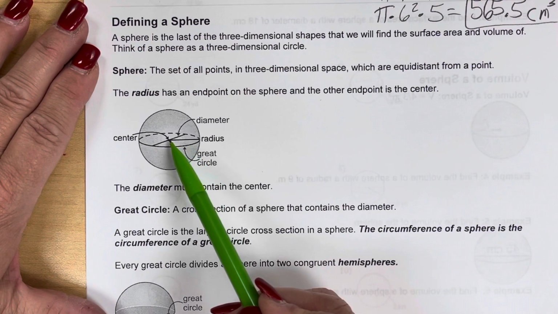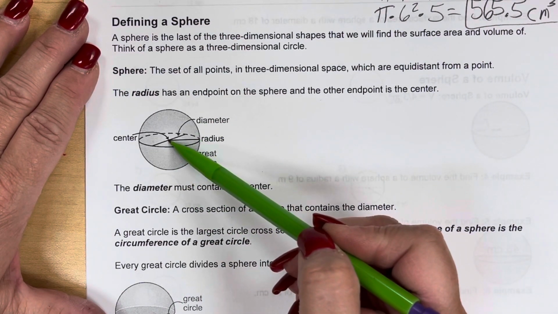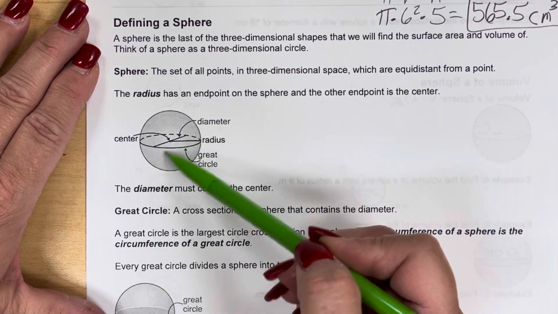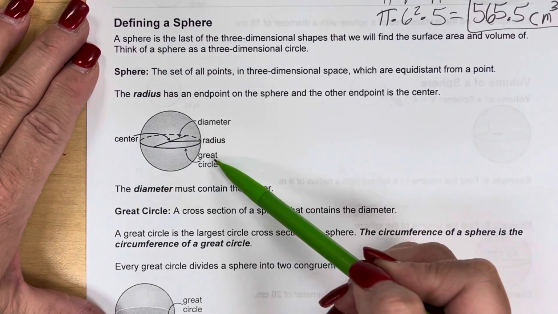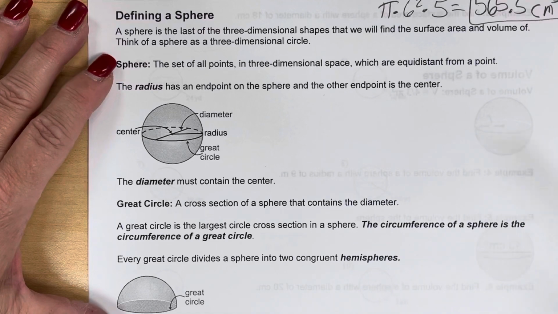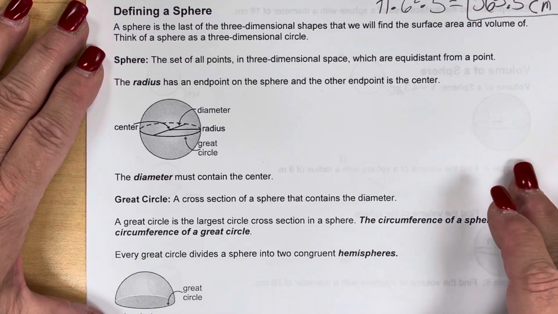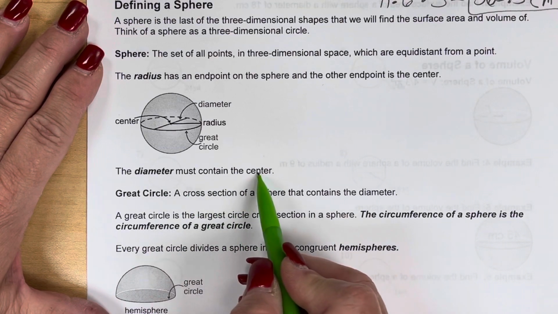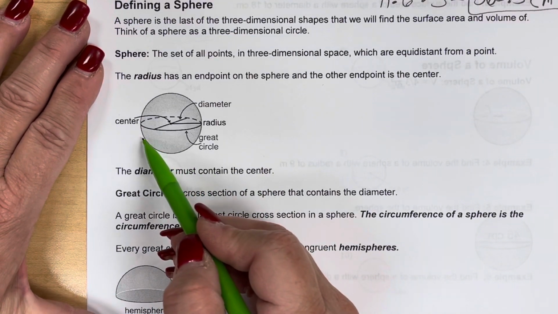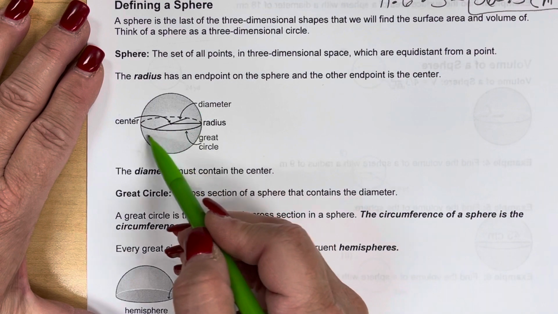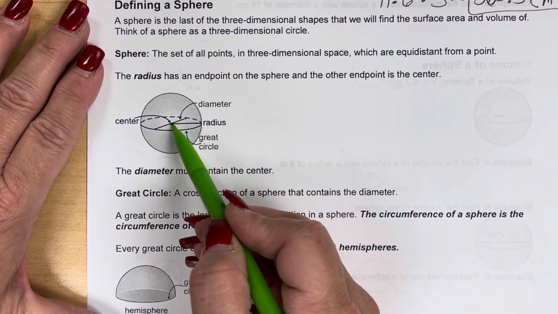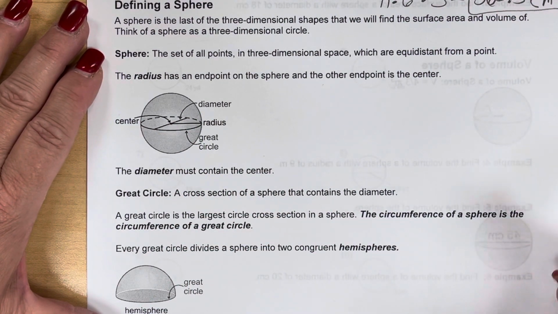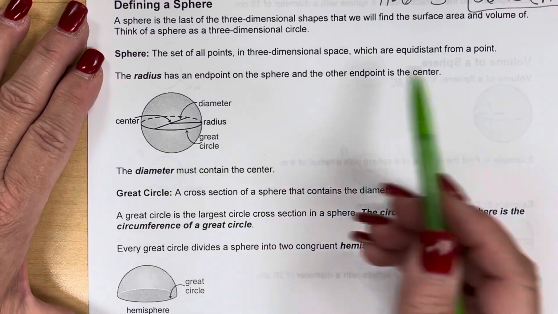So basically, you have the center of your sphere, and your radius would go all the way around in all directions. You have a lot of radii. The diameter must contain the center, so as it's going through there, it must go through the center.